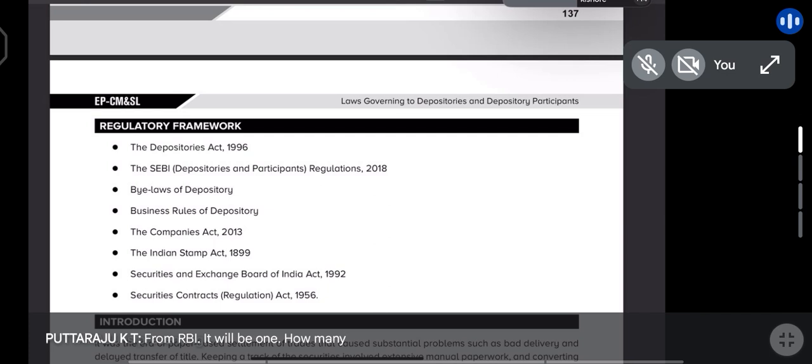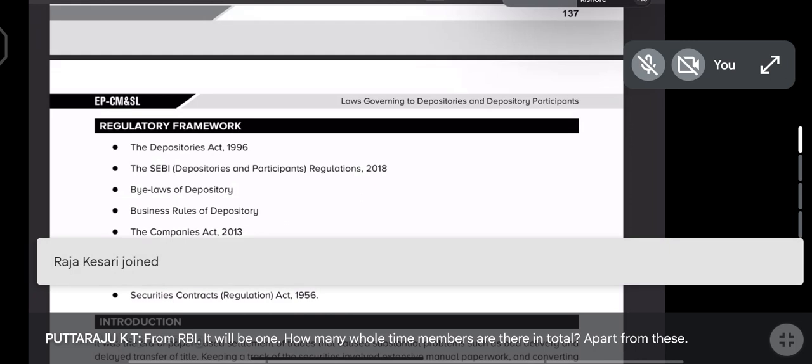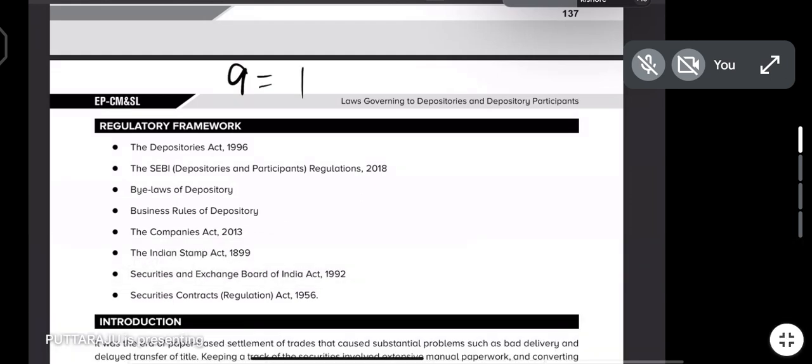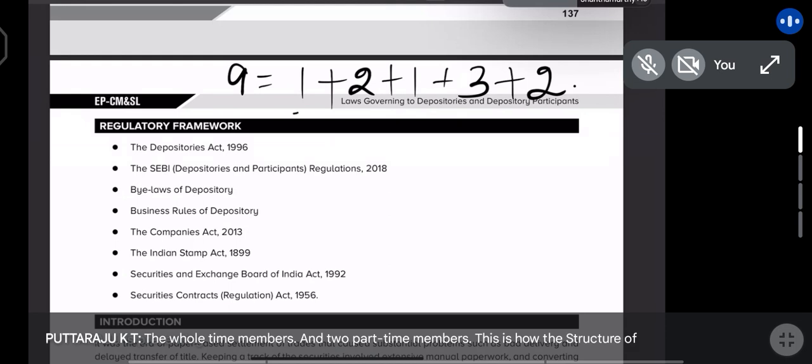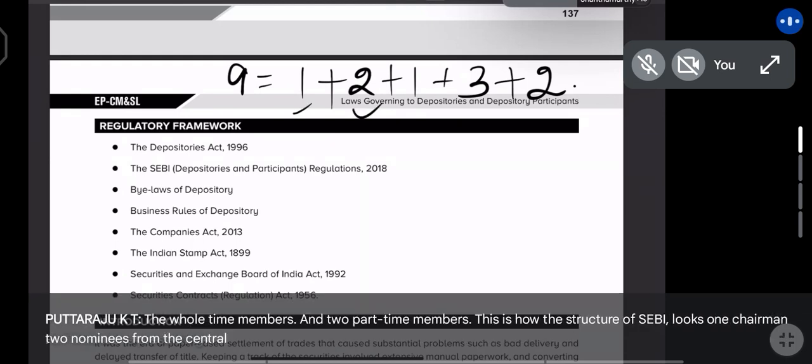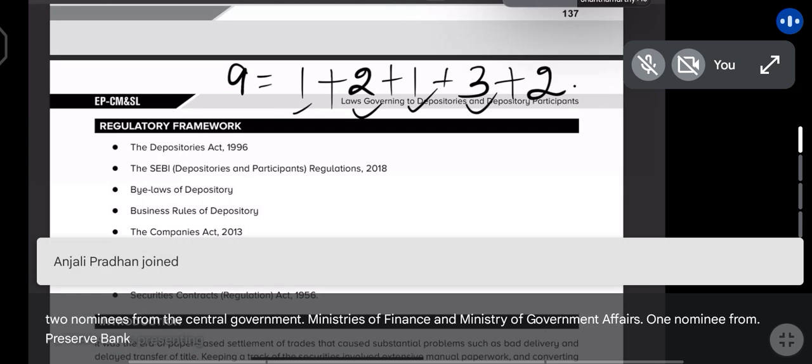How many whole-time members are there in total, apart from these? 3 whole-time members and 2 part-time members. This is how the structure of SEBI looks. 1 chairman, 2 nominees from the central government, Ministry of Finance and Ministry of Corporate Affairs, 1 nominee from Reserve Bank of India, 3 whole-time members and 2 part-time members.